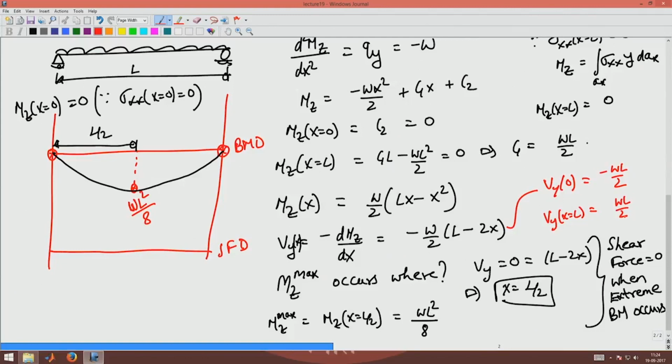Now what is the meaning of this? The shear force has a sign which corresponds to the sign of the shear stress. So we will plot it with the sign as such, and shear force at L by 2 is 0. So the shear force variation would be something like this, it is a linear curve.